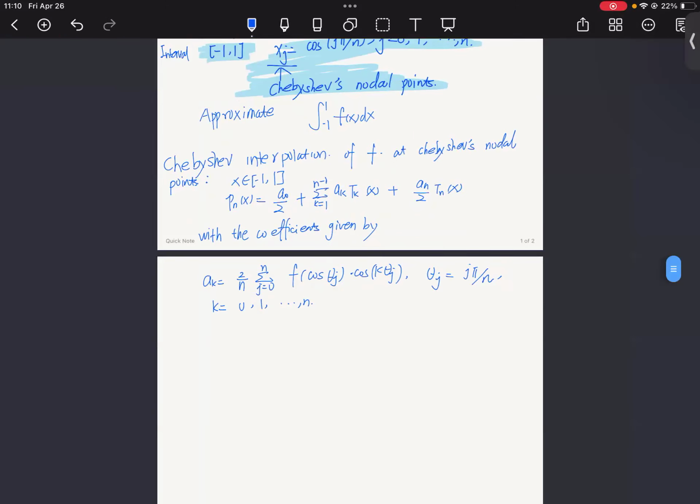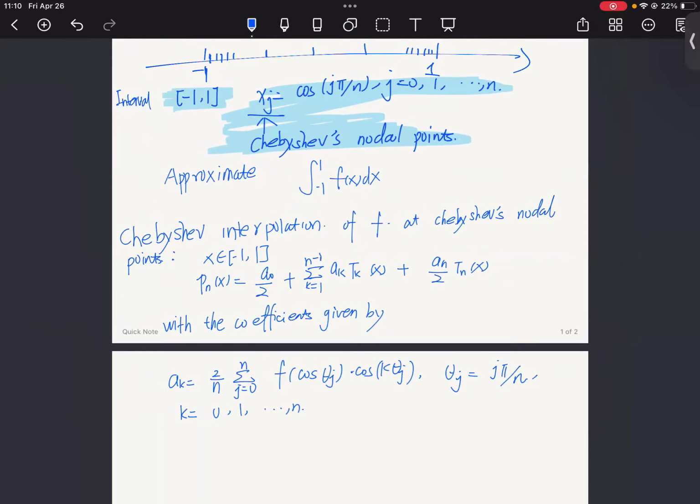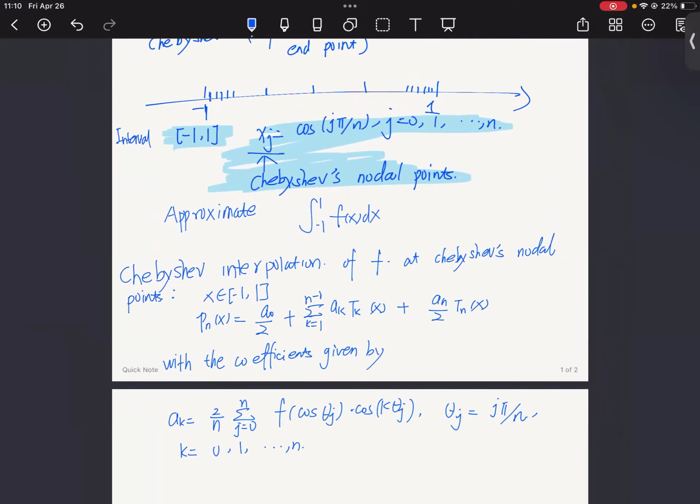This is because we already have the Chebyshev nodes, which are just cosine j pi over n. Corresponding to this theta_j, we evaluate at this point, and this is the x_j value. Do you see? It's actually x_j, and this one is just cosine k theta_j.